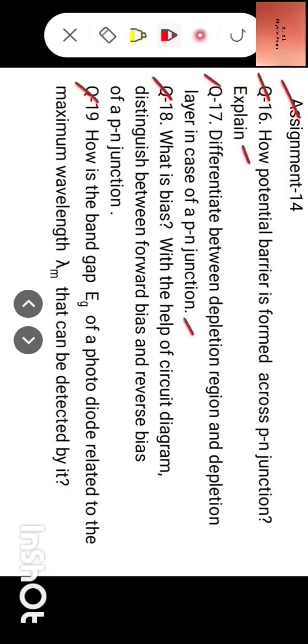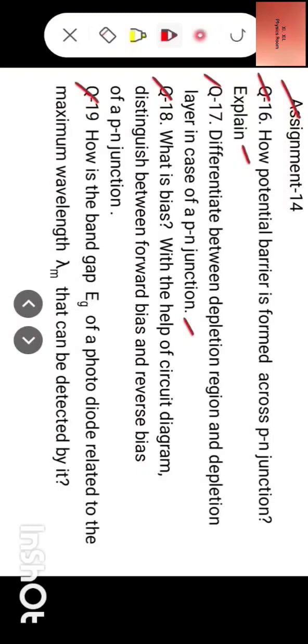Question number 19. How is the band gap Eg of a photodiode related to the maximum wavelength lambda m that can be detected by it? Now how to solve question number 19? You know Eg is equal to h nu, or it is equal to hc by lambda. So you know the value of h, you know the value of c.